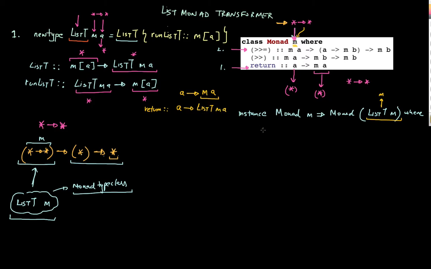All right, so let's complete that. Let's say my implementation of this method, return, takes in some value x, where the type of x is a, and this is going to equal some value of type ListT m a. Now, how do I create a value that has the type ListT m a?